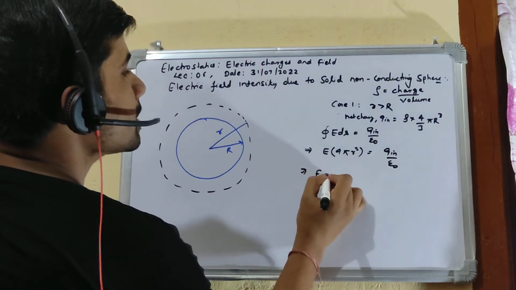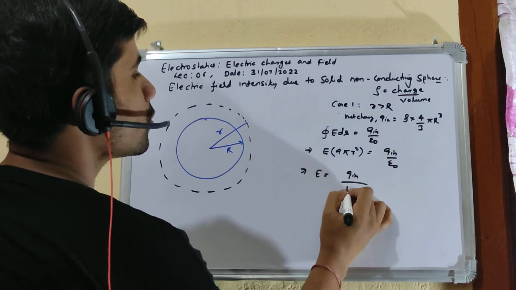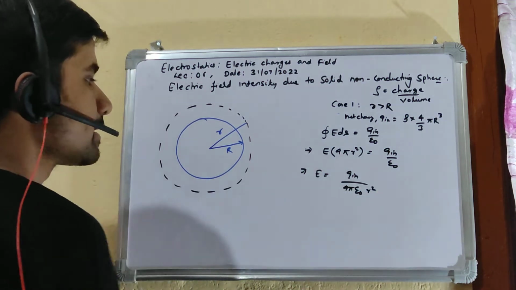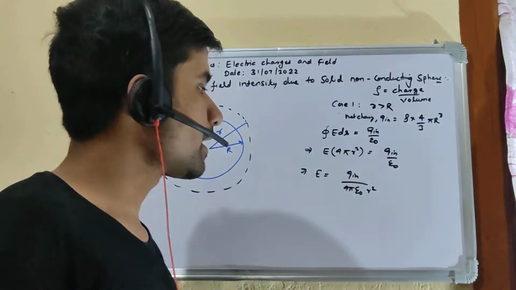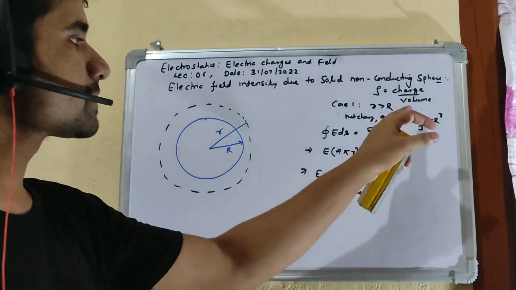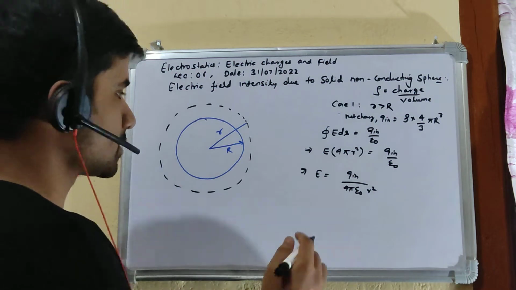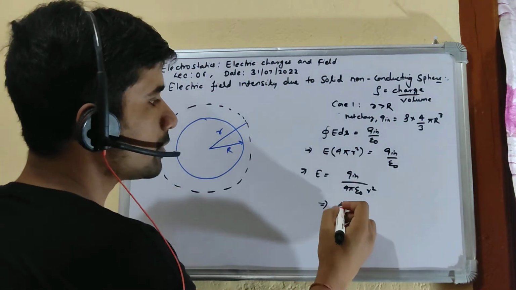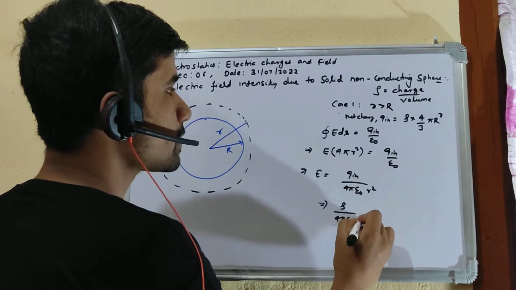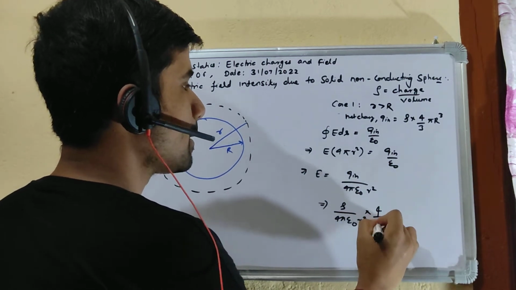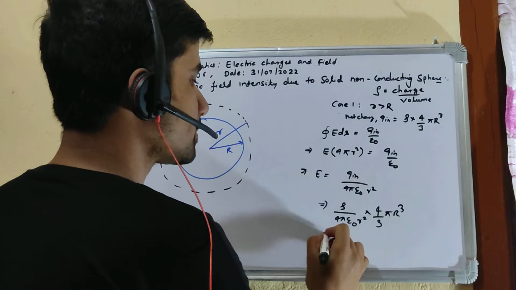So E is nothing but charge enclosed by 4 pi epsilon naught r square, right? Same as it was for the conducting shell, right? So now we can place this charge enclosed and calculate the expression, which is nothing but rho by 4 pi epsilon naught r square into 4 by 3 pi R cube, right?